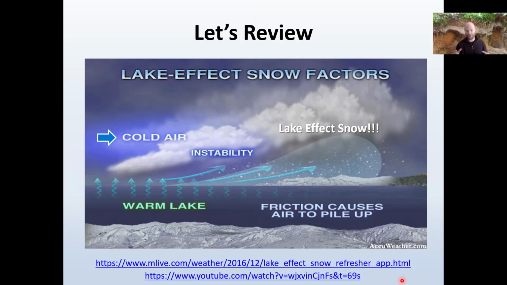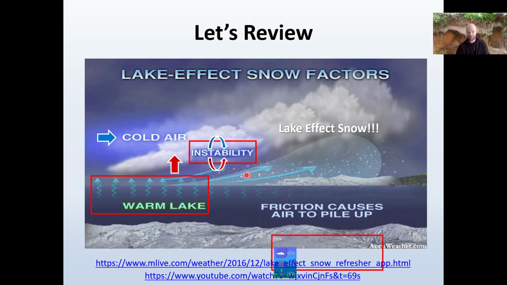So as an animation, cold air moves from the north because the jet stream is to our south. It moves over this relatively warm lake water, which adds moisture into cold air, at which point you reach dew point, it condenses and clouds form, and it may even start snowing.